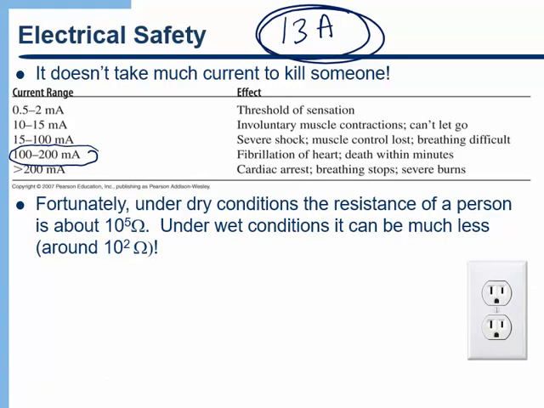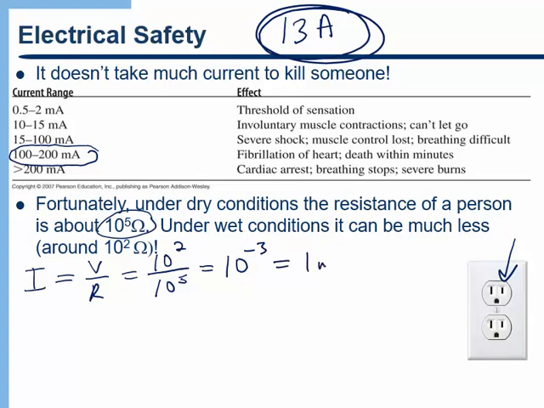If you do something really stupid like stick your finger in a wall outlet, the current that goes through you is still probably not going to kill you because current is V over R. And if we just do a really rough calculation, say the voltage there is about 100 volts, which is 10 to the 2, and we divide that by a resistance of 10 to the 5th, notice that that gives us a current of 10 to the minus 3, or about 1 milliamp.